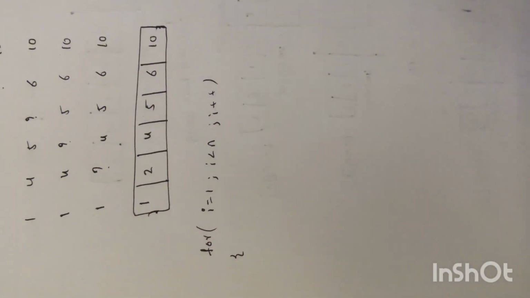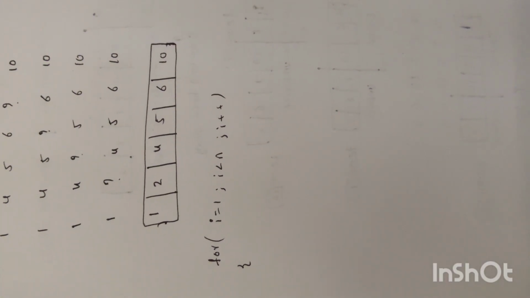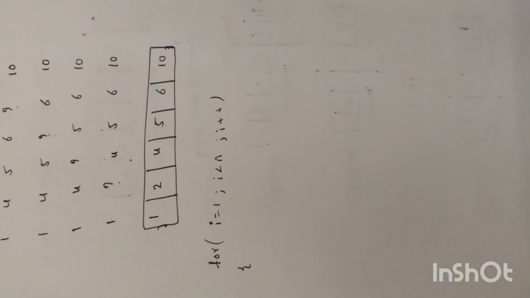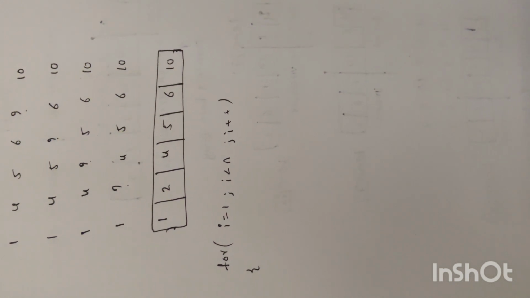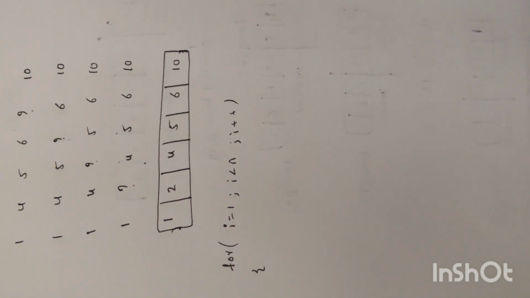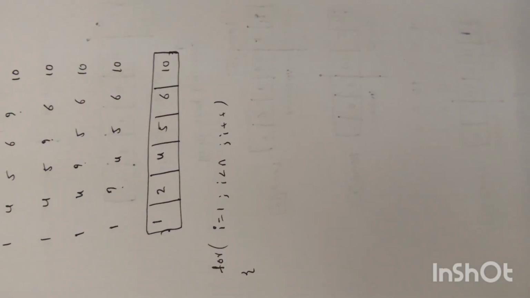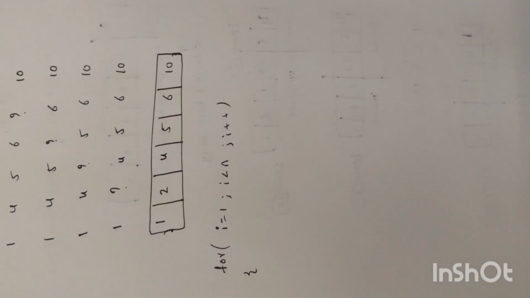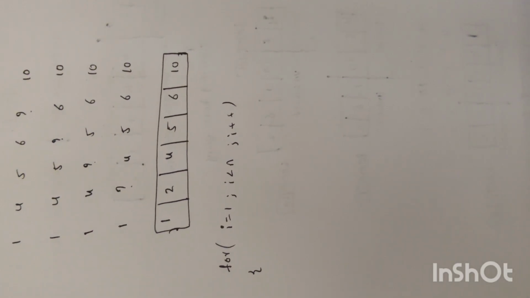We have started from 1 because we have considered A of 0 as the sorted sublist. Fine. I less than n and I plus plus. N is 6 and the I value would be incremented to 5 only, index, because we have taken from 0 to 5.